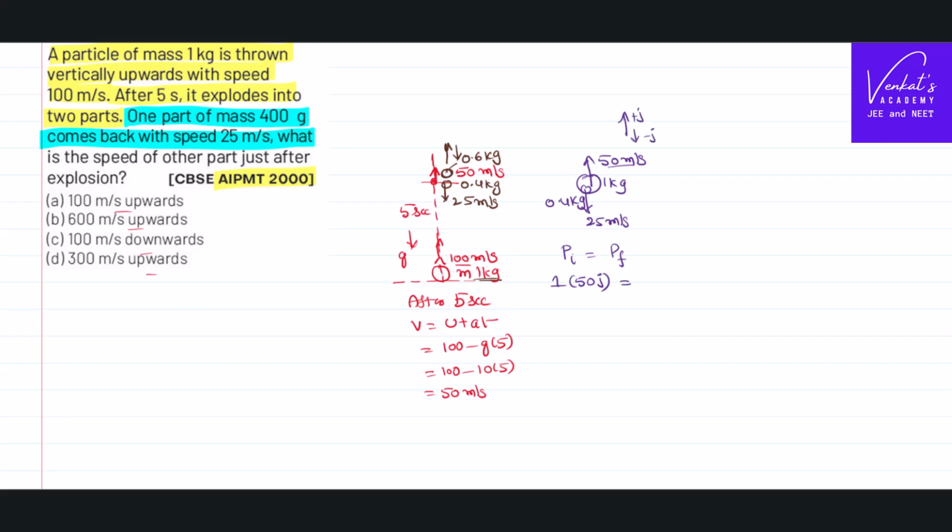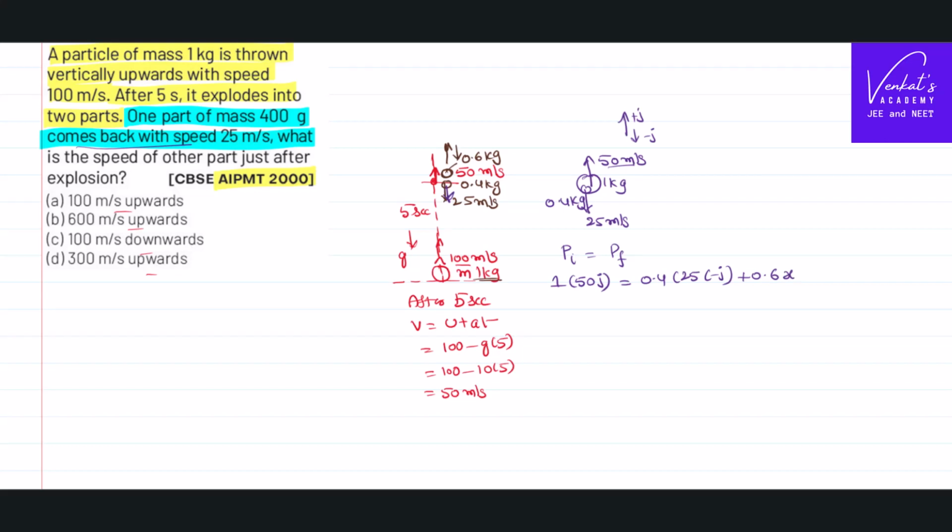That's the P initial. P final is two pieces, right? One piece of 0.4 kilogram is moving with 25, but I will write minus J because it is said that it comes back. That means it's coming down. So I have written minus J, plus other piece is 0.6. In which direction it moves, I don't know.